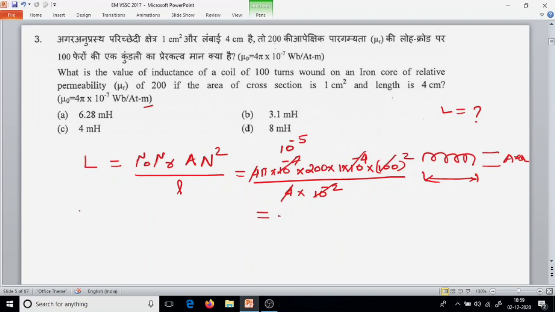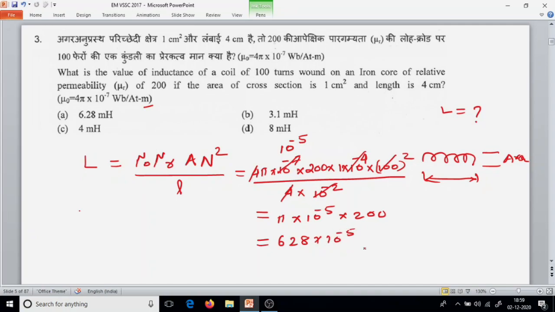Now we are left with pi multiplied by 10 to the power minus 5 multiplied by 200. 3.14 into 100 is 314, multiplied by 2 into 10 to the power minus 5.